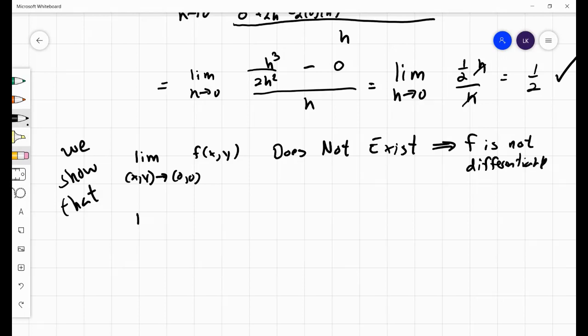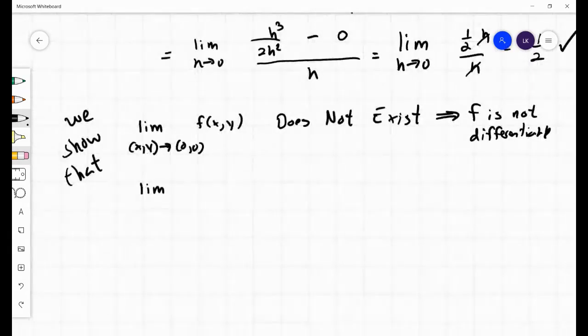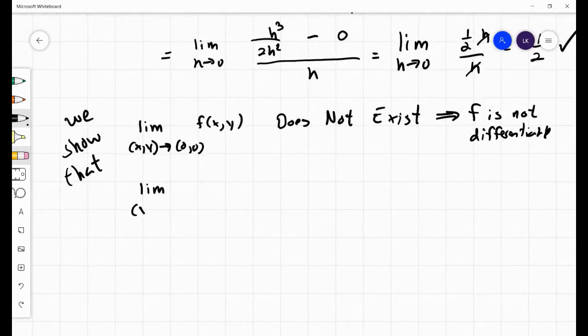Okay, so looking at the function, I'm just going to try a line. Let's say the x-axis. So let's take the limit as we approach the origin along the x-axis. That means y would be 0. So I'm just replacing y with 0 in the definition of the function.